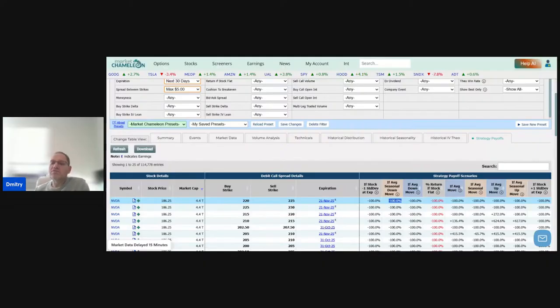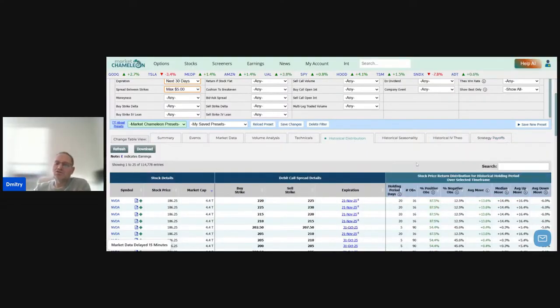We could do the same thing for the average move in a similar situation, not seasonal, but just looking at a historical distribution, saying we have 20 trading days to go and there's earnings.